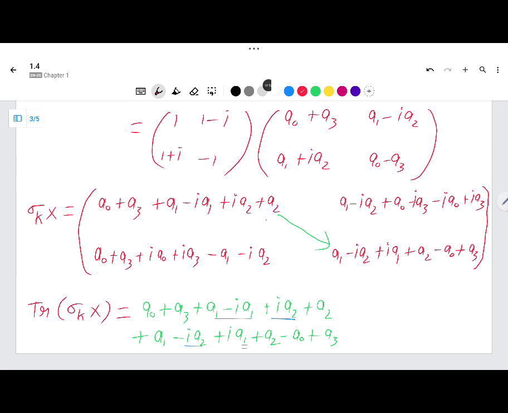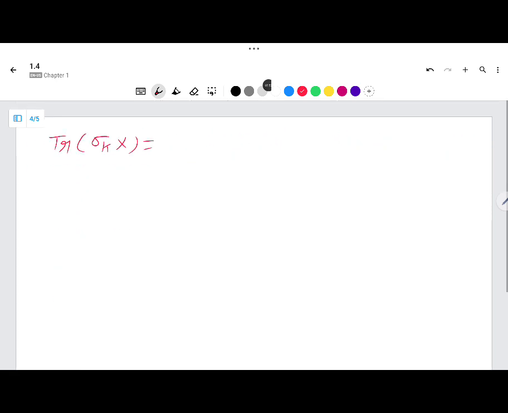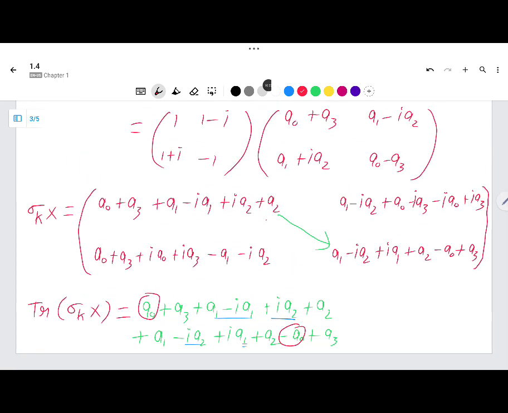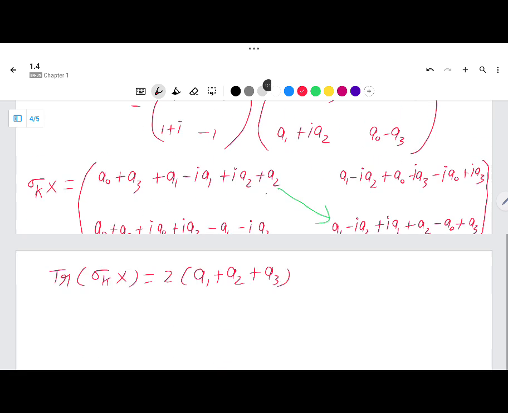And also a0 will also cancel. So we'll be left with 2 times a1 plus a2 plus a3. There is a3, a3, a2, a2, a1, a1.